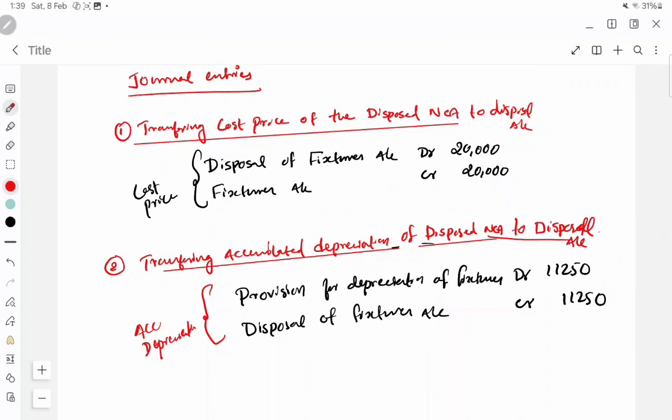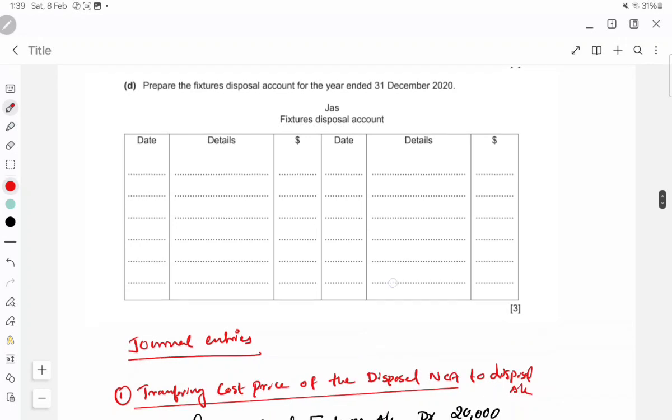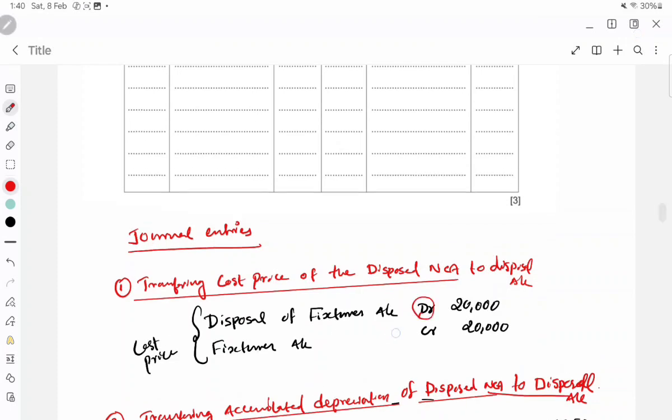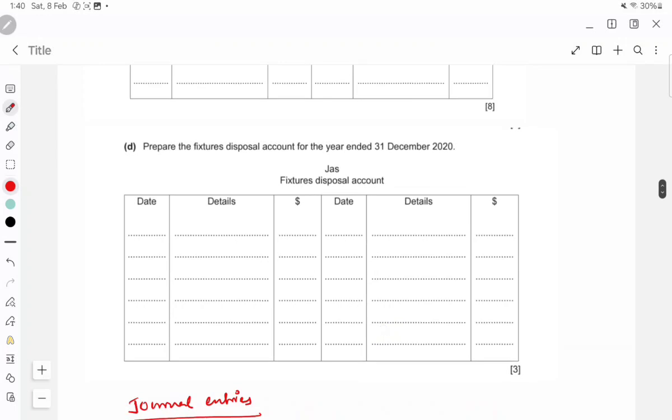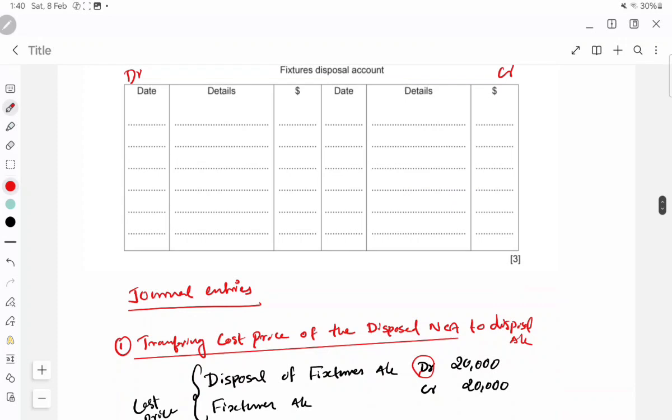The disposal of fixtures account is debited, so it is the debit side of the disposal account. This is the debit side, this is the credit side. So we will write the corresponding entry, the fixtures account.